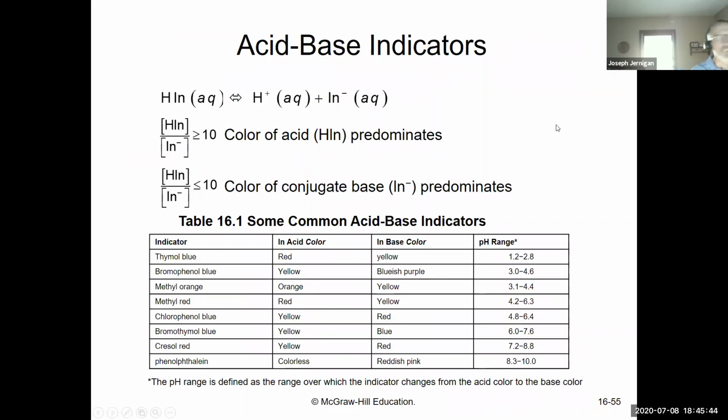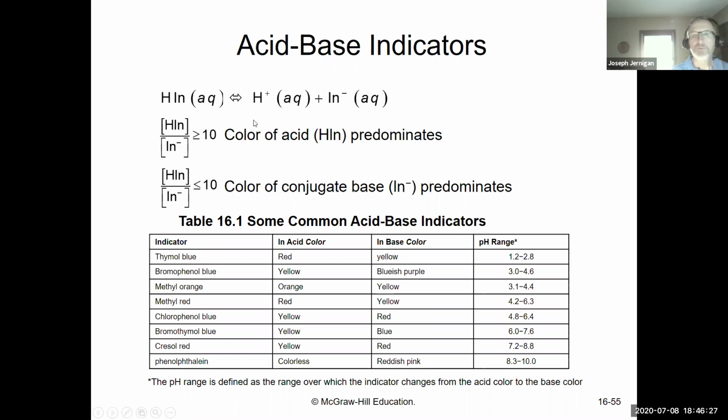Indicators change color at a certain range in pH. Okay, indicators are very useful when you do not have a pH meter. They're very useful to visually identify an endpoint. They're used to identify and quantify the amount of unknown acid or base in your solution. And the amount of indicator color change relates to the extent of acid-base neutralization that has occurred.